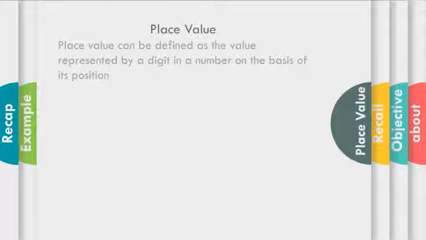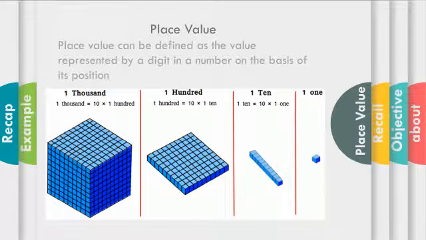Or we can say that place value defines the place of a digit in a chart. In the chart given below, the extreme left position is for thousands, followed by hundreds, then tens and then ones.